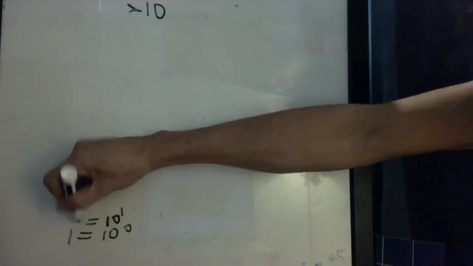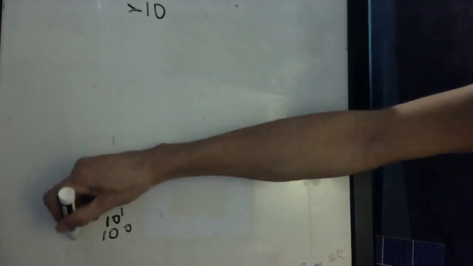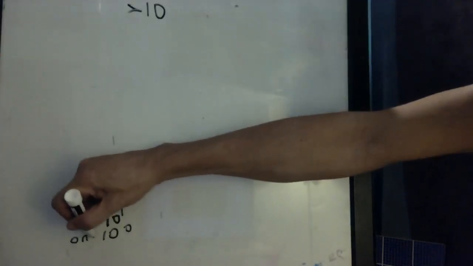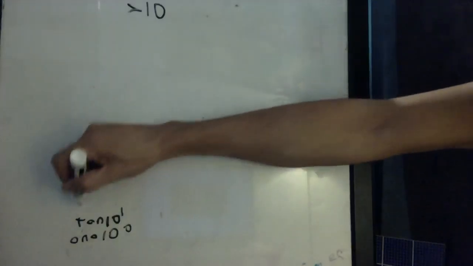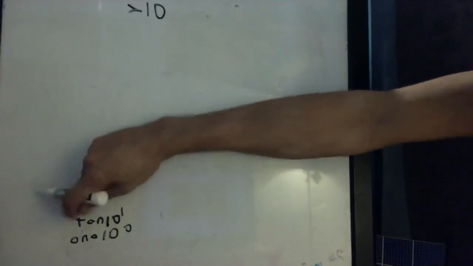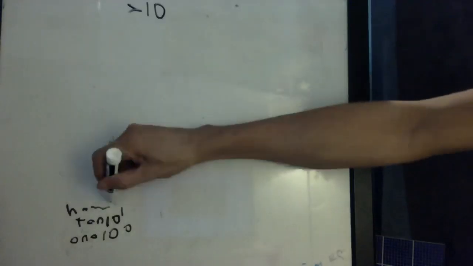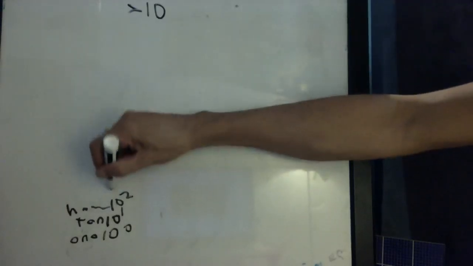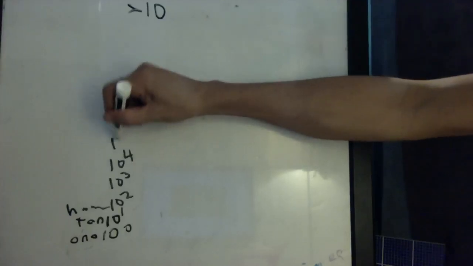Now, actually, I'm not even going to do this. We're just going to stay over here. And then I should put the name. This is 1, 10, deca, 100. Oops. And then I just write the right. 100. I'm not even doing it. 10 to the second, 10 to the third, 10 to the fourth, 10 to the fifth.